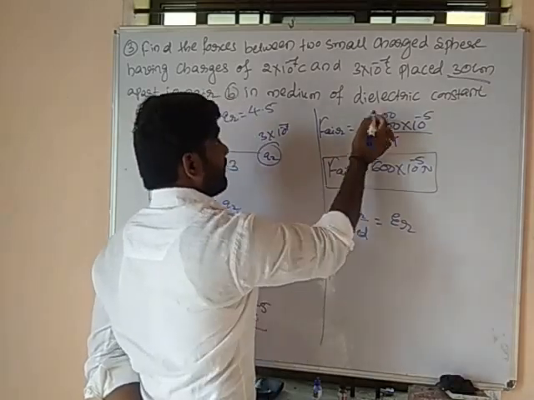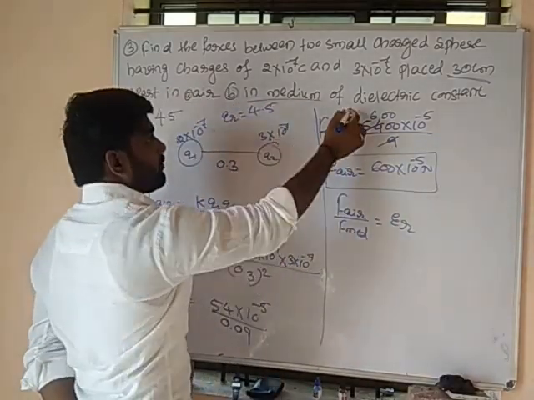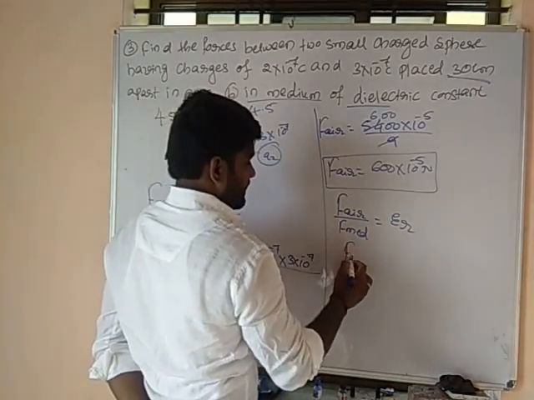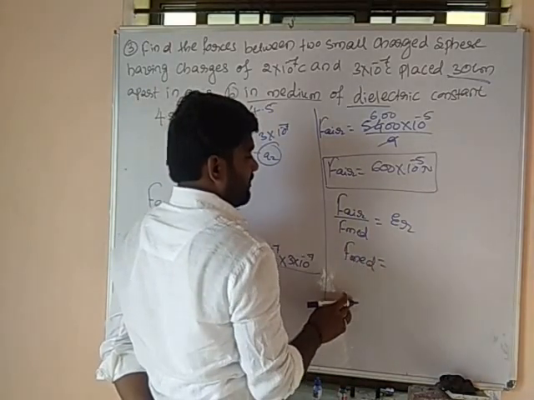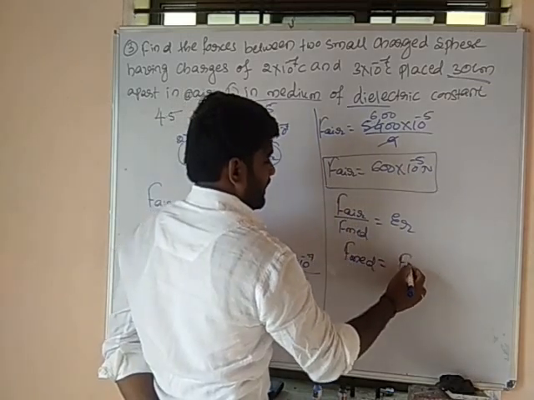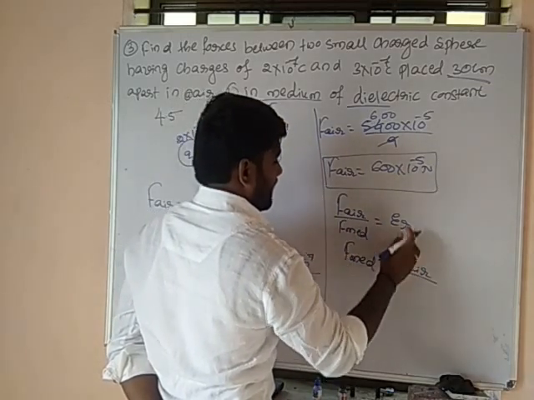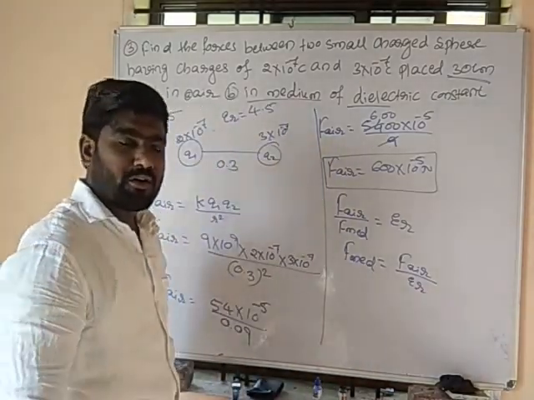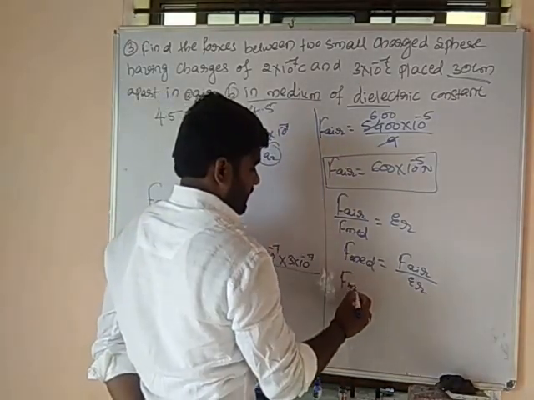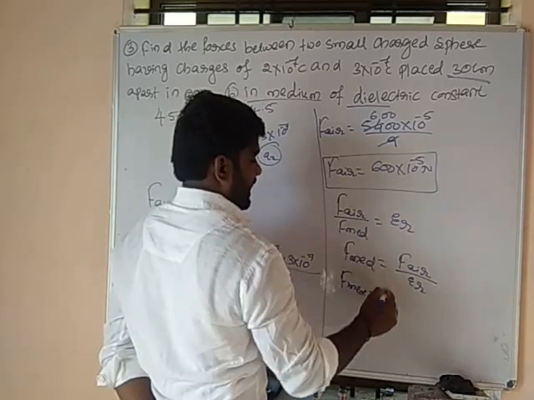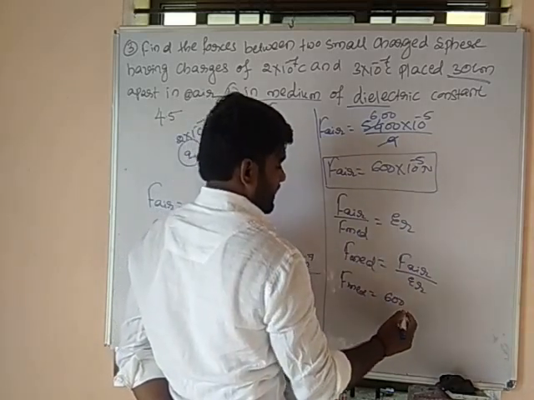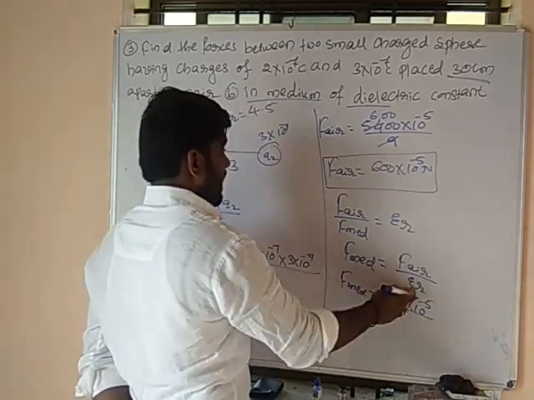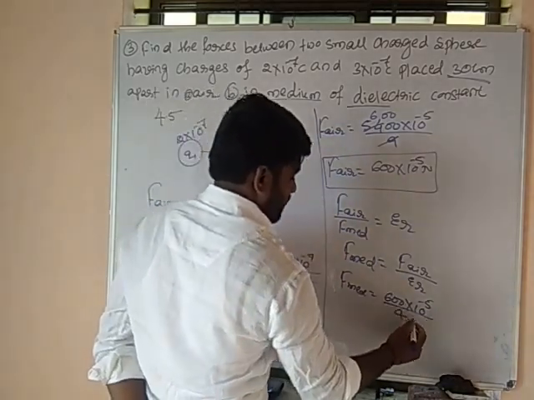I want to calculate what? B. In medium, force at medium I want to calculate. So this F at medium is equal to F at air divided by epsilon r. Then this F at medium is equal to 600 into 10 to the power minus 5 divided by epsilon r, which is 4.5.